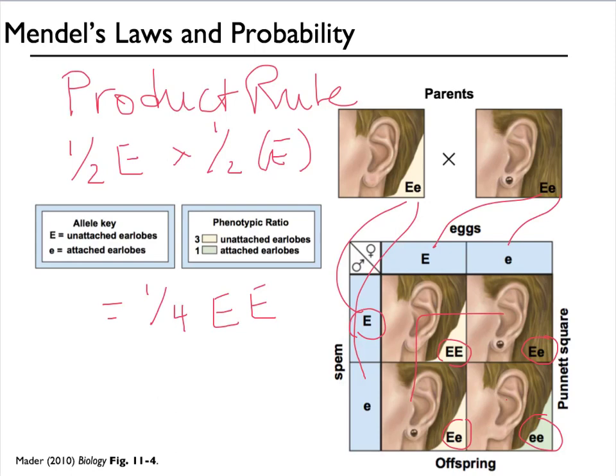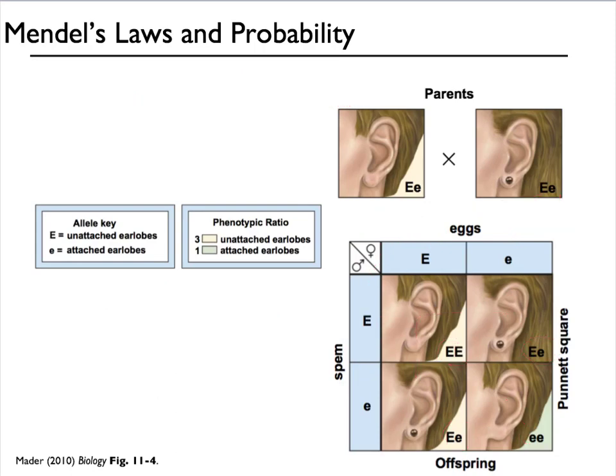So that would be an example of the product rule. The sum rule then illustrates how you configure probabilities for phenotypes as opposed to genotypes.